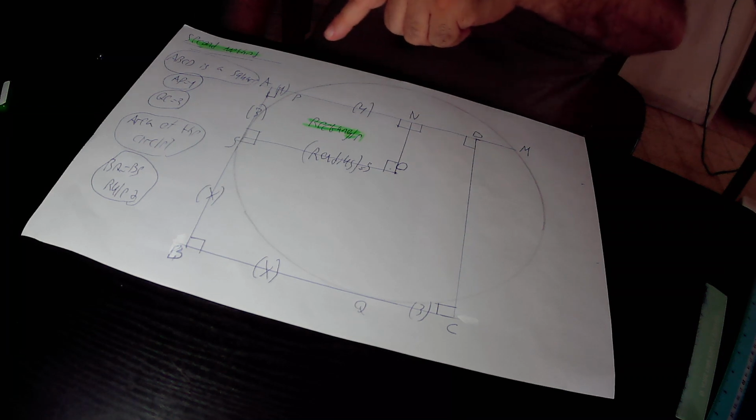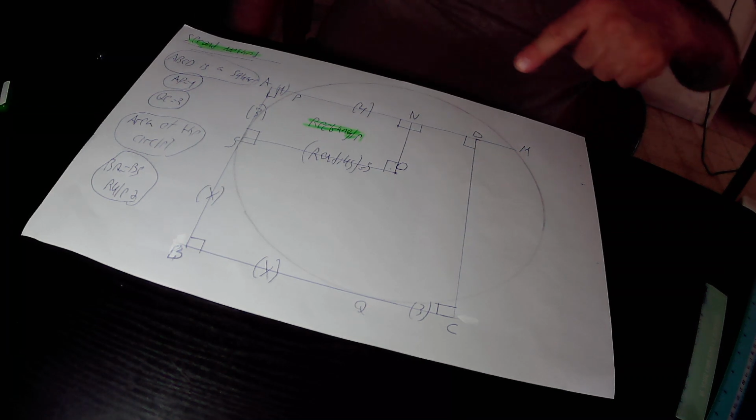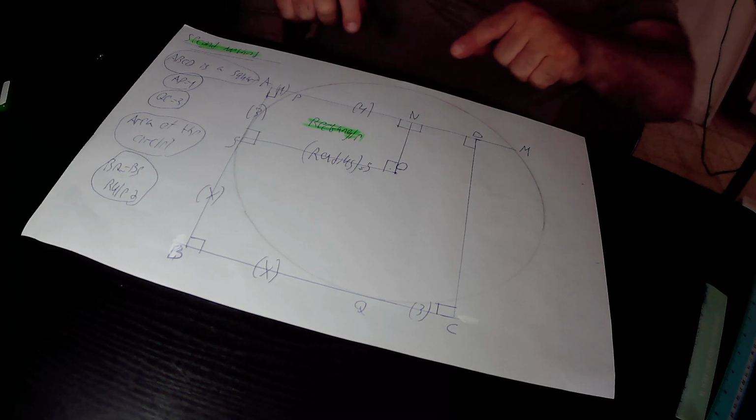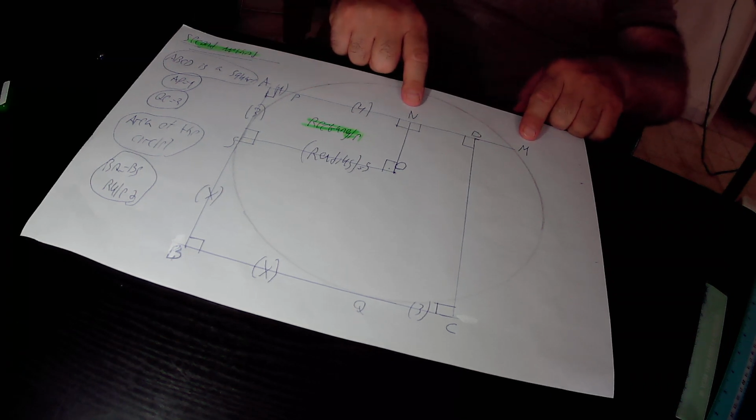If ON bisects chord PM, it divides chord PM into two halves. The first half is PN, which equals the second half, NM, and each half equals PM over 2.